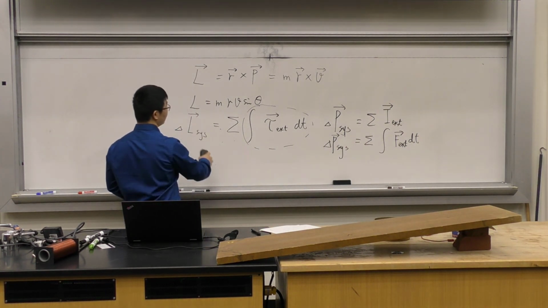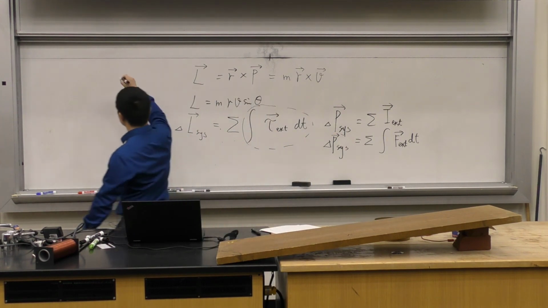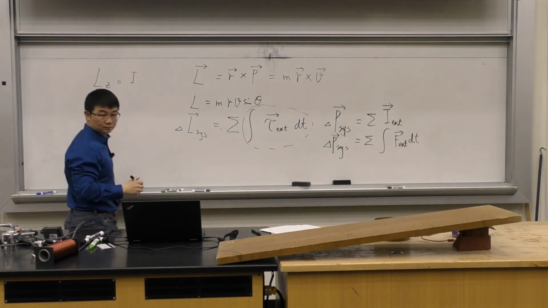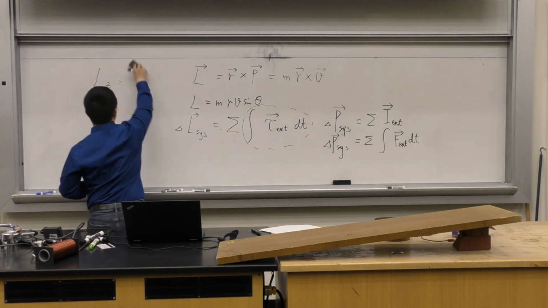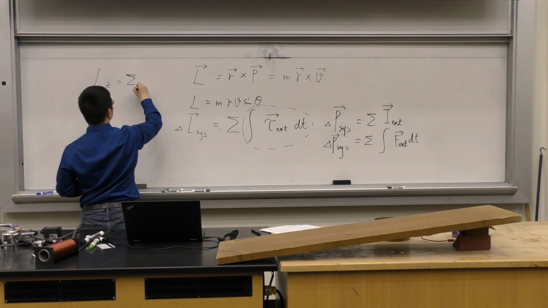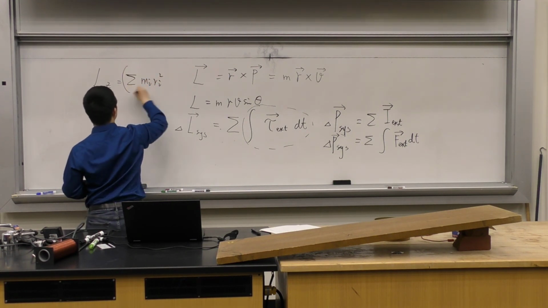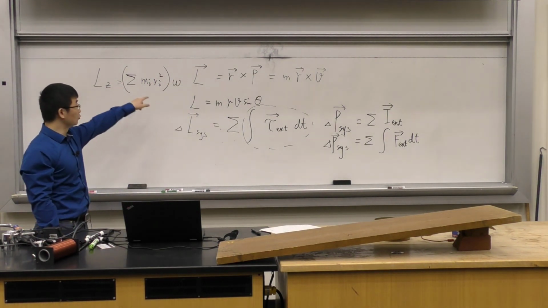The angular momentum for a rotating object is just the sum of r_i squared, times omega. You need to do the math to get this, so we don't want to do that here.